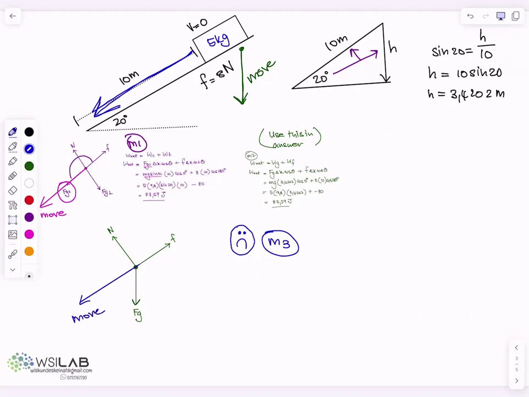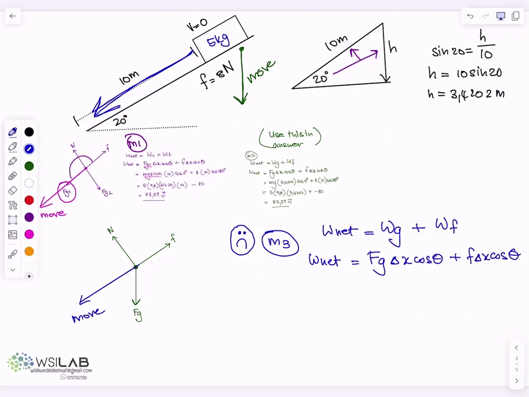And now I'm going to say W net is the work done by the gravitational component plus the work done by friction. So the net work is Fg, the gravitational force, times the distance, cos theta, plus the frictional force, delta x, cos theta.